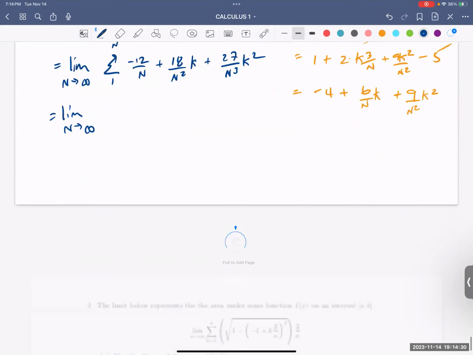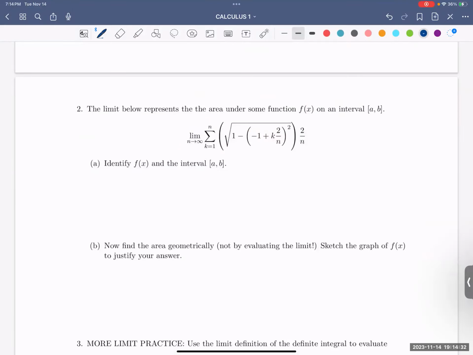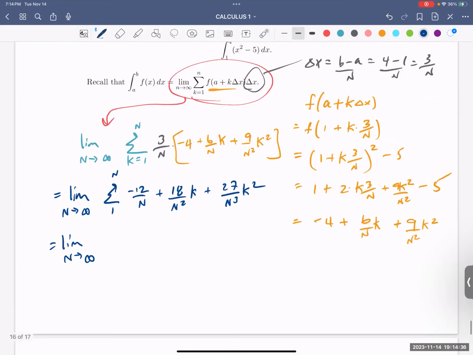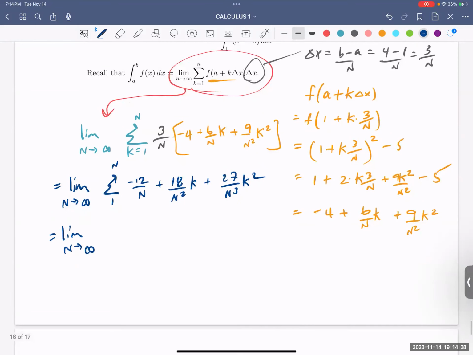Now, we're going to, you know what, I think I can work this out. We're going to distribute the sum to this term, and this term, and anything with an n, like this piece, this piece, this piece, will all go to the front of the sum, and we'll be left with a k, a k squared, and a 1 there.